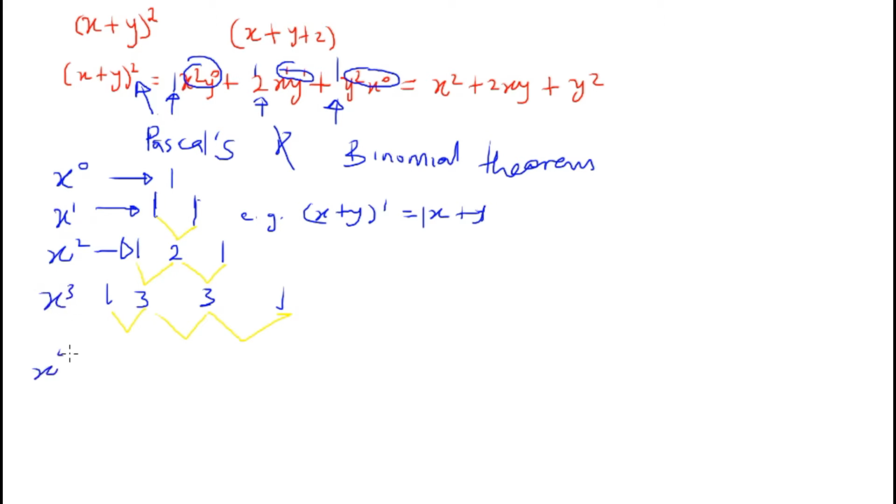For power 4, it starts from 1 and ends at another 1, with the addition of the figures giving 4, 6, and then 4. So we'll have 1, 4, 6, 4, 1. For the new one, we also start from 1, then 5, then 10, 10, then 5, and it ends with 1.